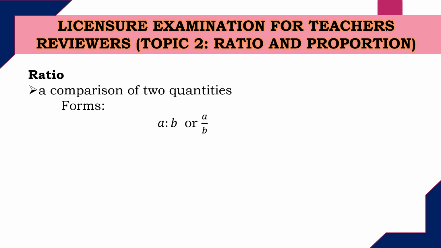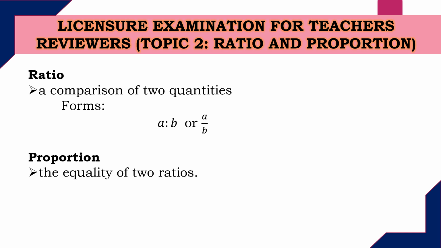And how about proportion? If we have two ratios that are equal, we call that a proportion. So proportion refers to the equality of two ratios. It can be written in the forms A is to B equals C is to D, or A over B equals C over D. A is called the first term, B is the second term, C is the third term, and D is called the fourth term.